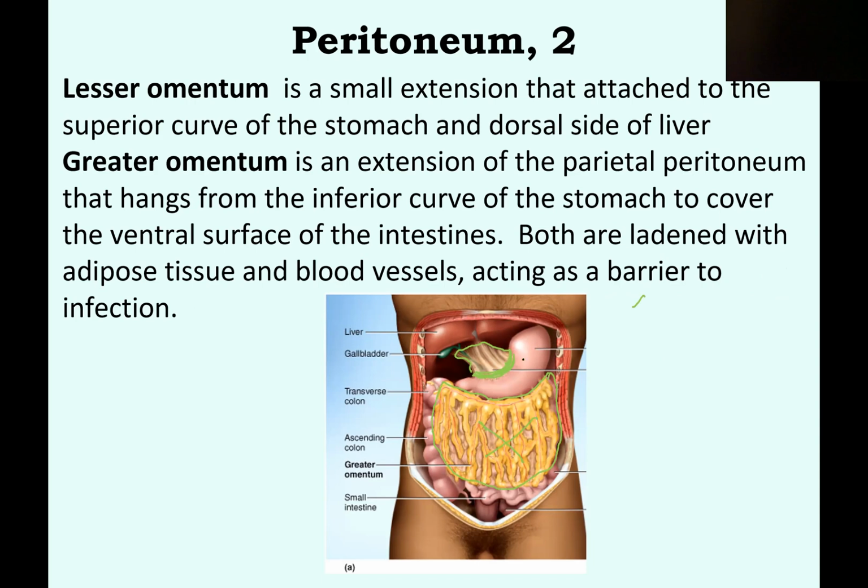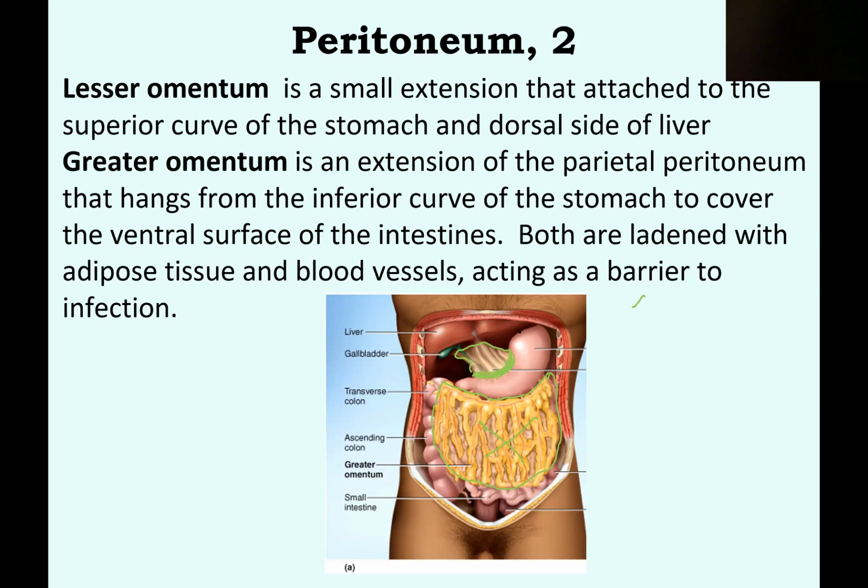Both of the omenta are laden with adipose tissue surrounding the blood vessels. They both act as a barrier to infection. The greater omentum in humans is much thicker, also from dissection that I've done over the years.